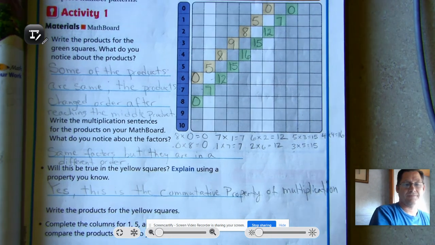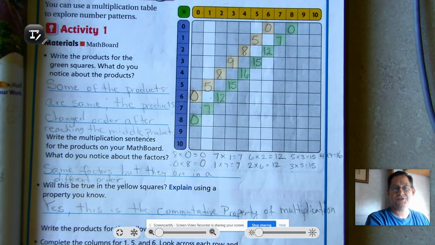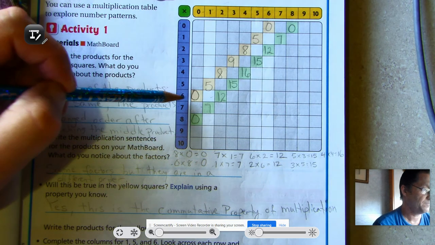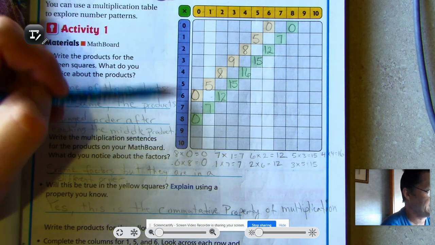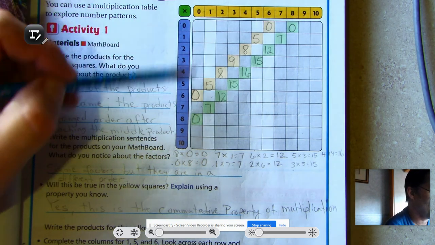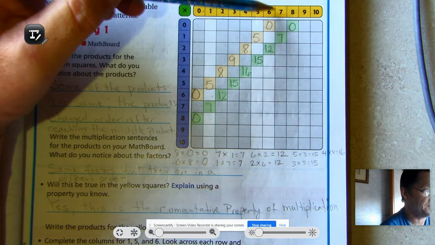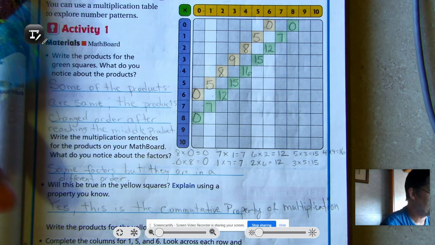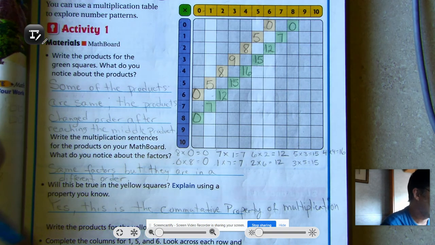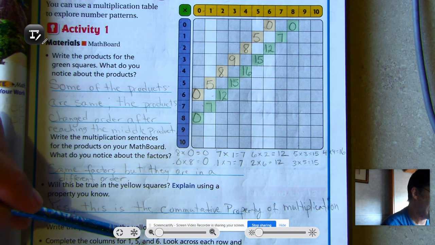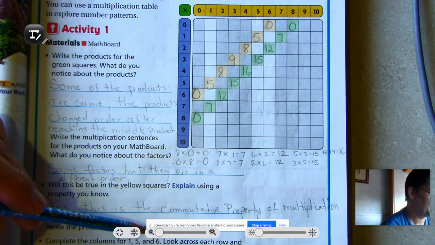Okay, so yeah, this is the commutative property of multiplication, where we have the same factors but in opposite order. This first one we had 6 times 0, and on the other side it's 0 times 6. They just switched.